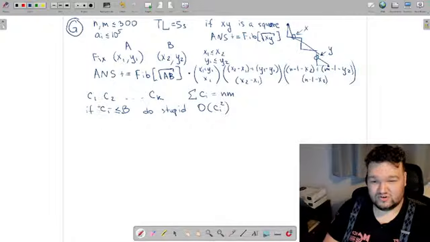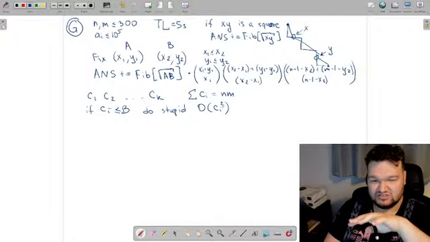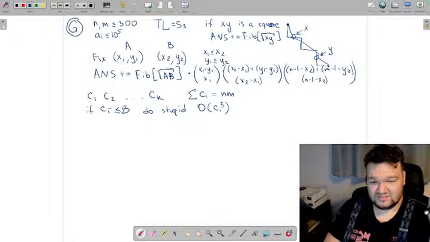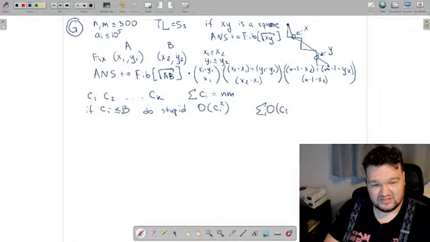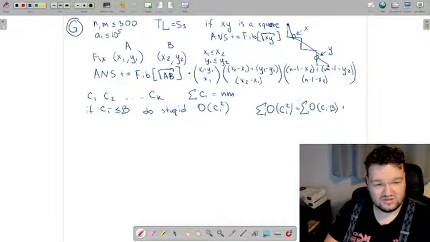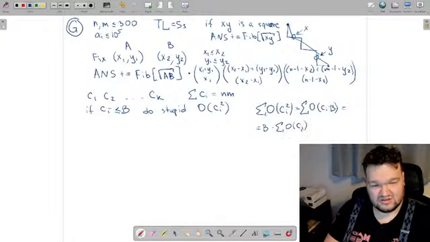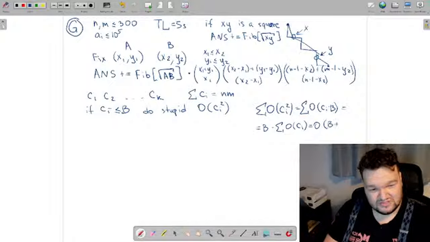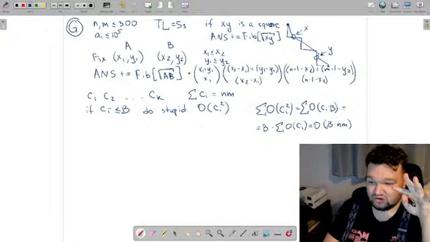If we sum it up over all small Ci, this Ci squared is at most Ci times b, so the sum over all small Ci squared is at most the sum of Ci times b. Then we can take b out of the summation, b times the sum of Ci, and this is bounded by Nm. So this is O of b times the area of the square.